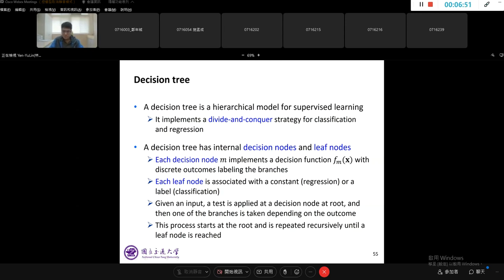So we will move to one of the branches. The process is repeated from the root until we reach a leaf node. Since each leaf node is associated with a prediction output, a constant for regression or a label for classification, we can realize the prediction output of this data point. Okay, so this is a summary of a decision tree.